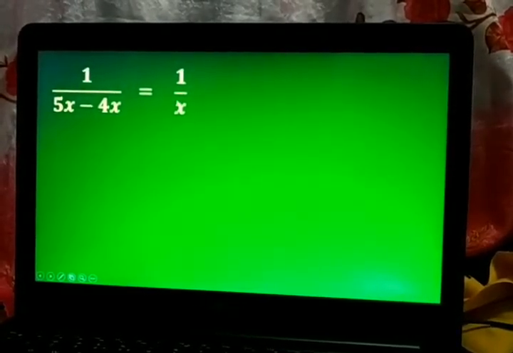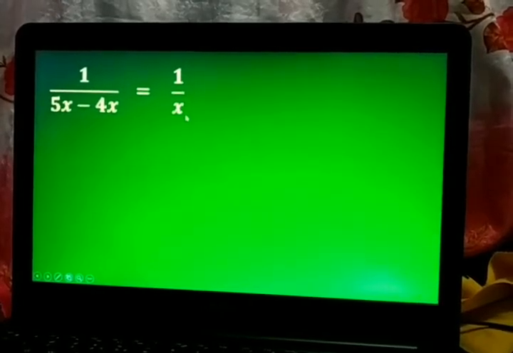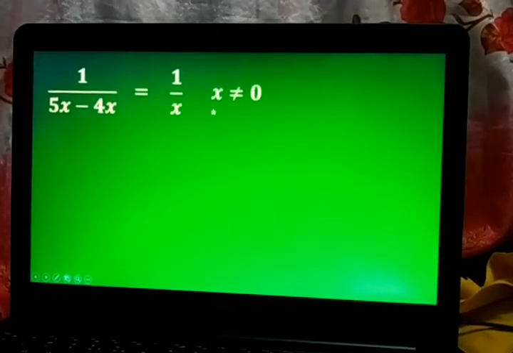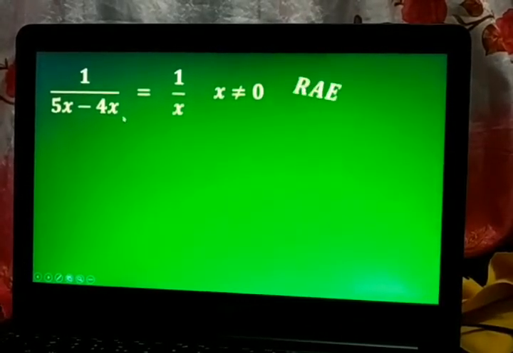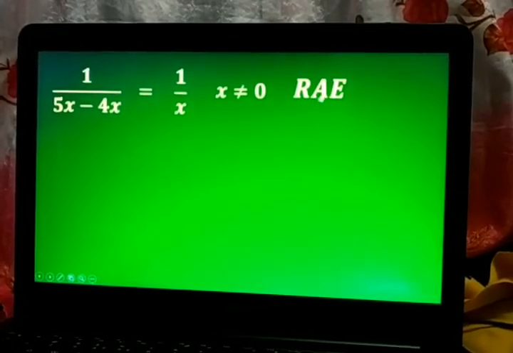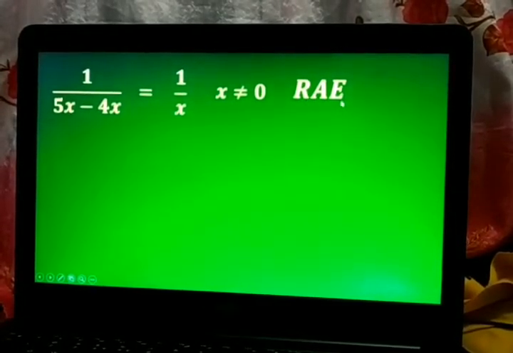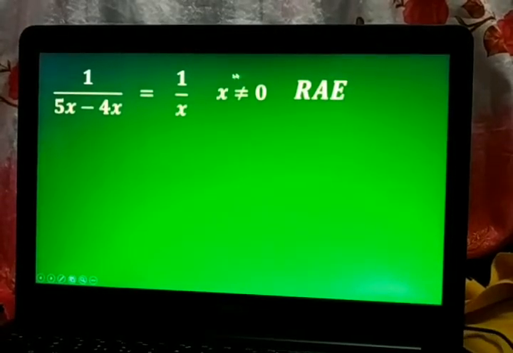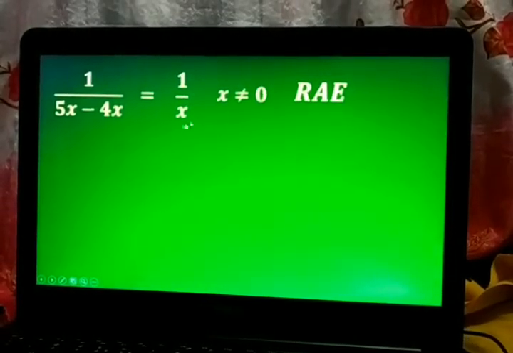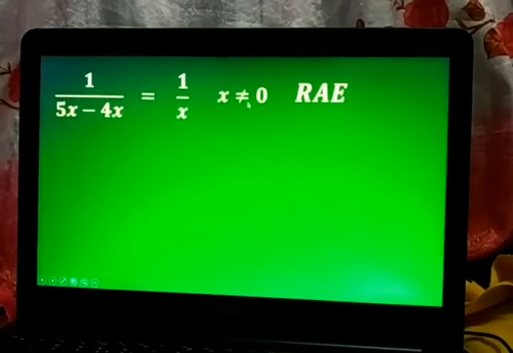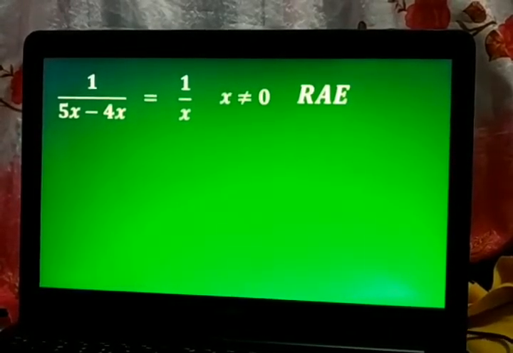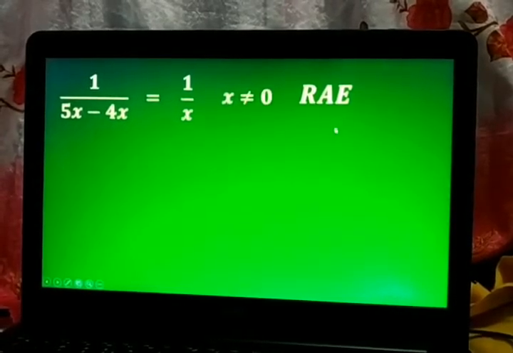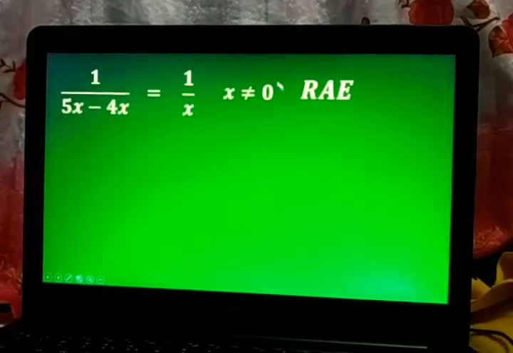Is x not equal to 0? If x is not equal to 0, then 1 over 5x minus 4x is a rational algebraic expression. RAE, rational algebraic expression. Always state that the variable in the denominator is not equal to 0 so that it can be considered as a rational algebraic expression. Without this statement, your answer may be wrong.